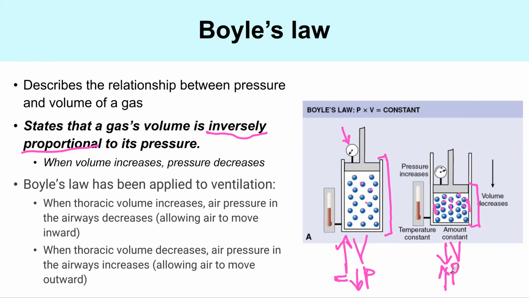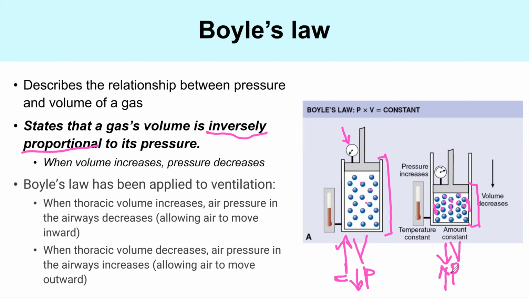Okay. And we have applied this scenario to ventilation. When you think about what's going on with ventilation, when you inhale, and remember, inhalation is active, the diaphragm contracts. And when the diaphragm contracts, that actually makes the thoracic cavity larger. All right.